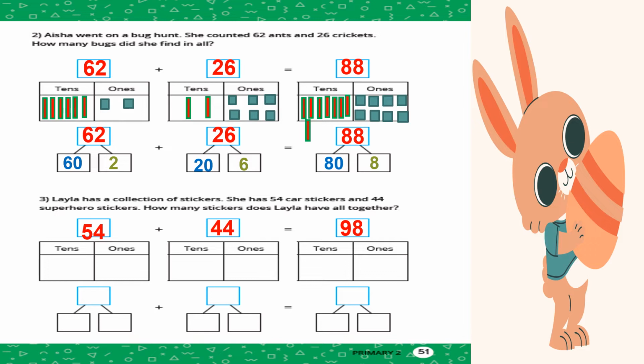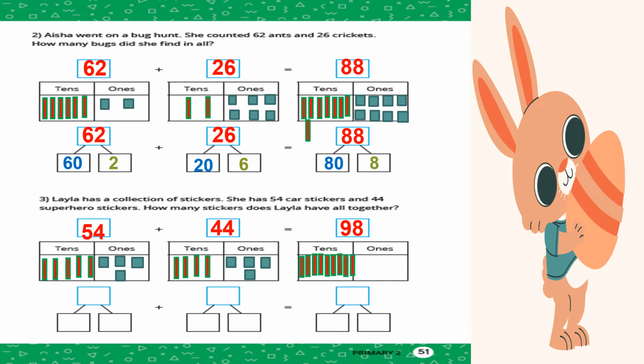Let's draw our sticks and small squares. 54. How many sticks do we have? 5 sticks. How many small squares? 4 small squares. 44. How many sticks do we have? 4. How many small squares? 4 small squares. 98. How many sticks do we have? 9 sticks.